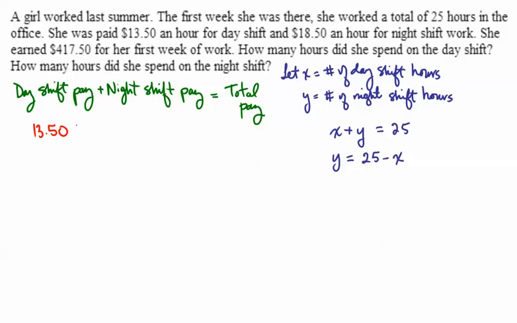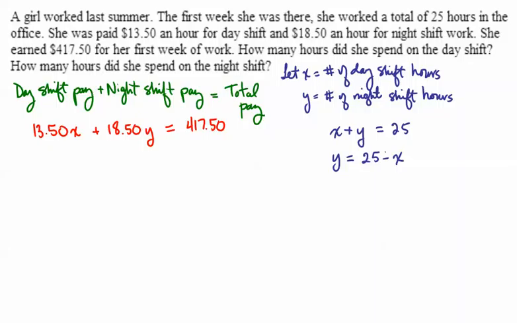How many hours? X hours. And she gets $18.50 an hour at night. For how many hours? Y hours. And what is her total pay? The total pay is $417.50.